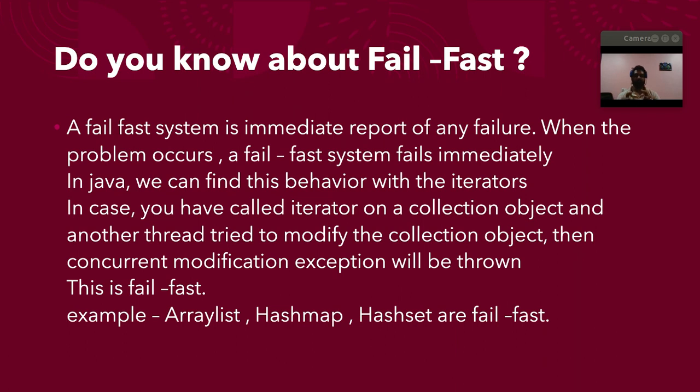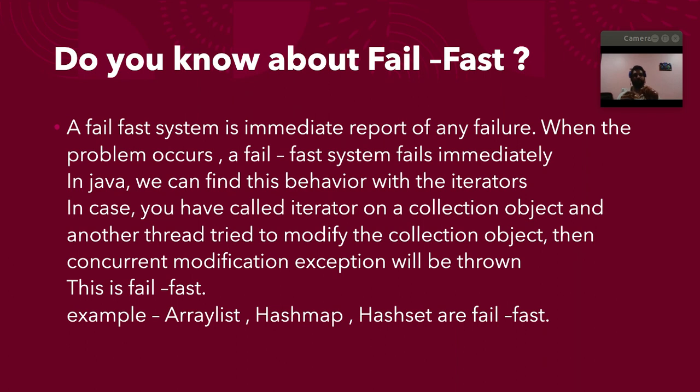So ConcurrentHashMap is fail safe, right? But here is one catch. In fail fast, the iterator fails to iterate and gives the exception when any thread tries to modify the collection the iterator is iterating.